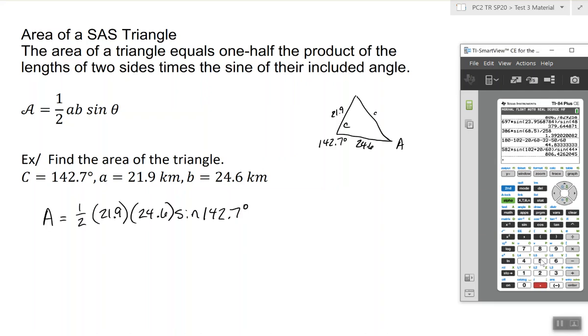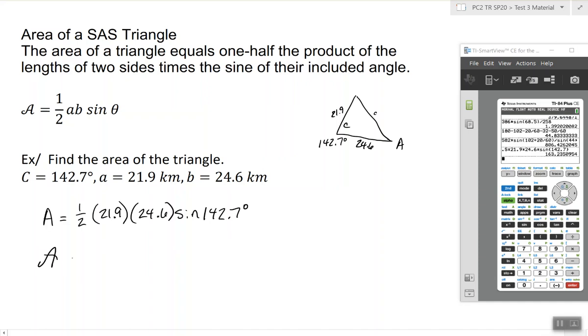So we'll do this, 0.5 times 21.9 times 24.6 times the sine of 142.7. Make sure I've got everything typed in there correctly. Yeah. Enter, and we get an area.